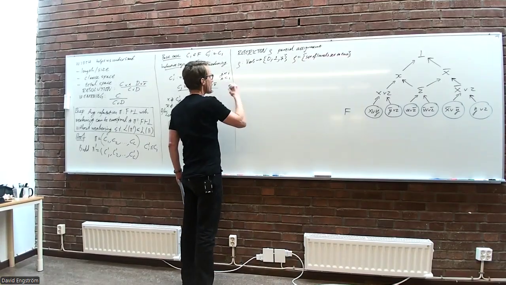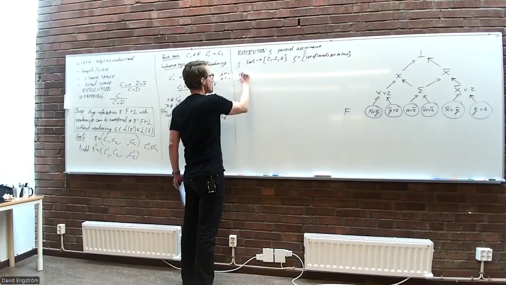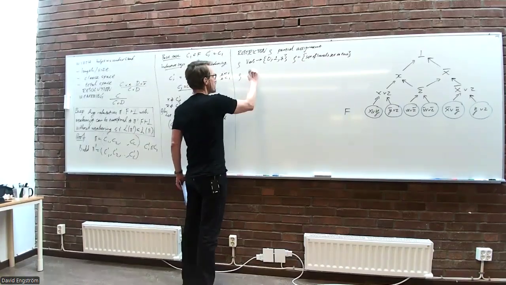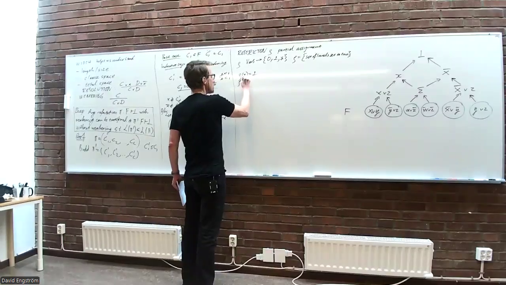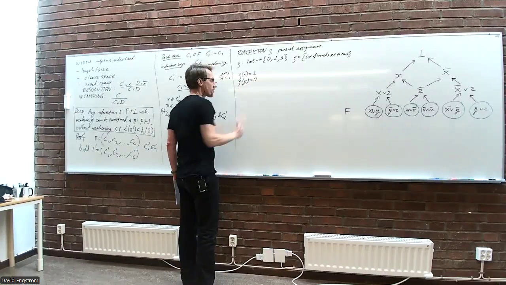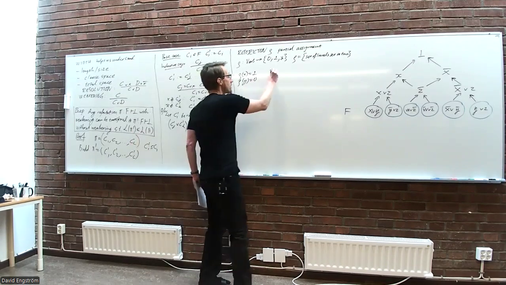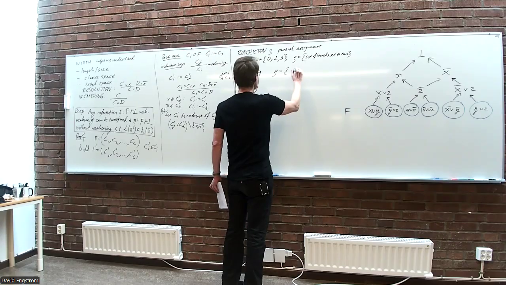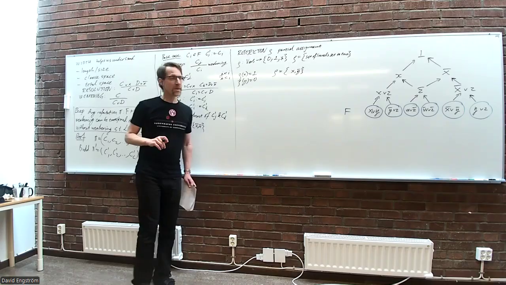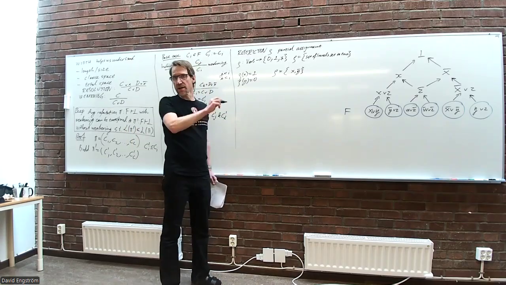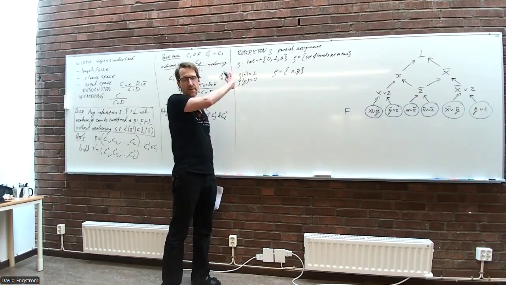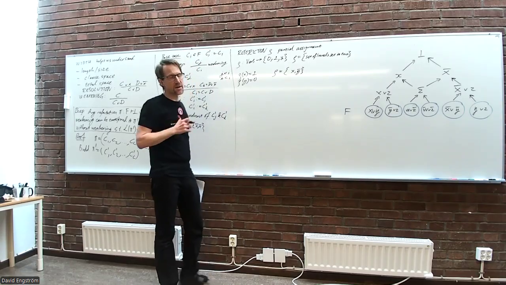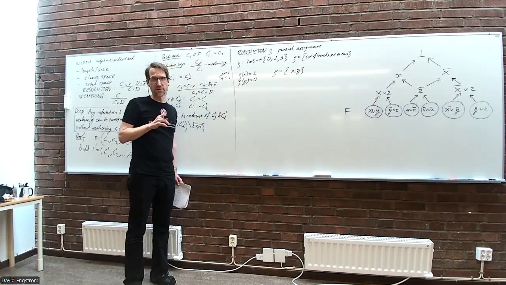So suppose that rho of x is true, rho of y is false, and rho doesn't set anything else, then sometimes it will be convenient to say that rho is the set x, y bar. Because that will then allow me to use set notation and say that a literal is in the restriction, which just means that the restriction sets this literal to true.